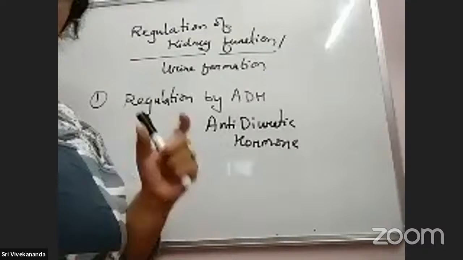Then it acts on certain parts of the nephron carrying this dilute urine. Directly, it will open some water channels, water gates, so that water is reabsorbed. Are you able to understand?